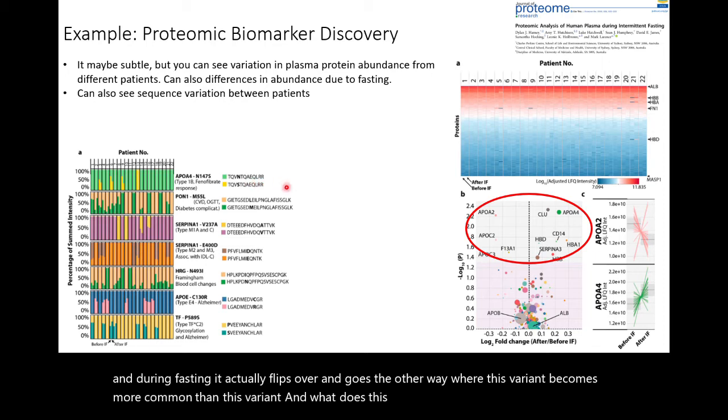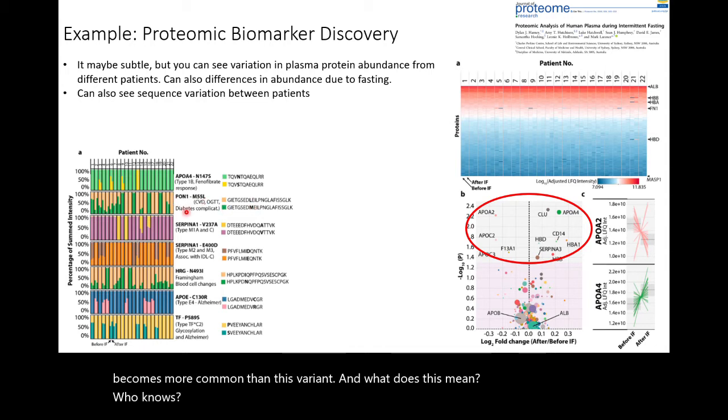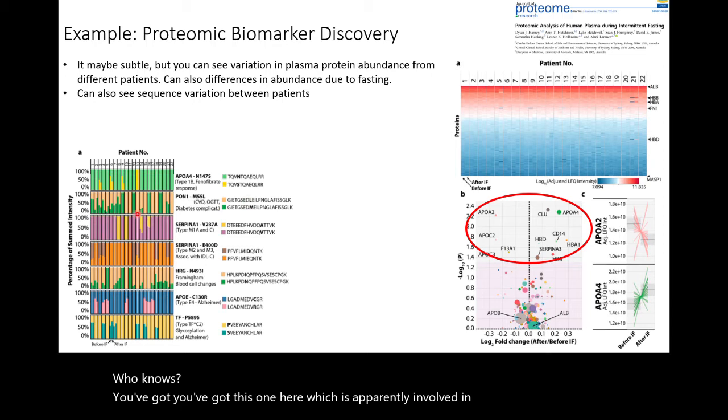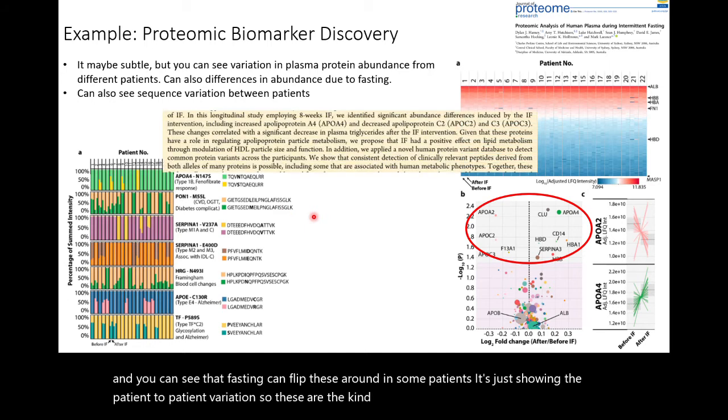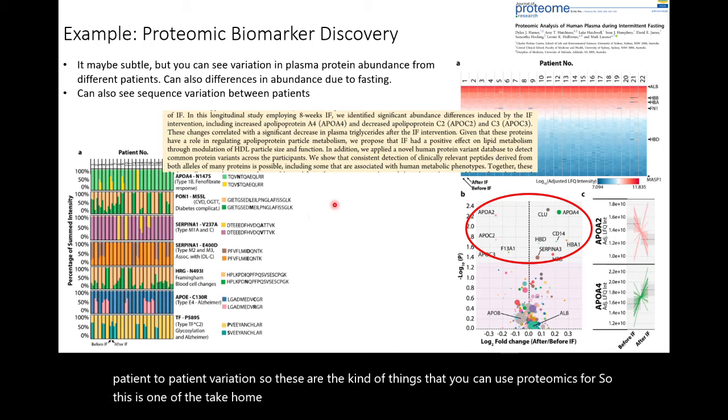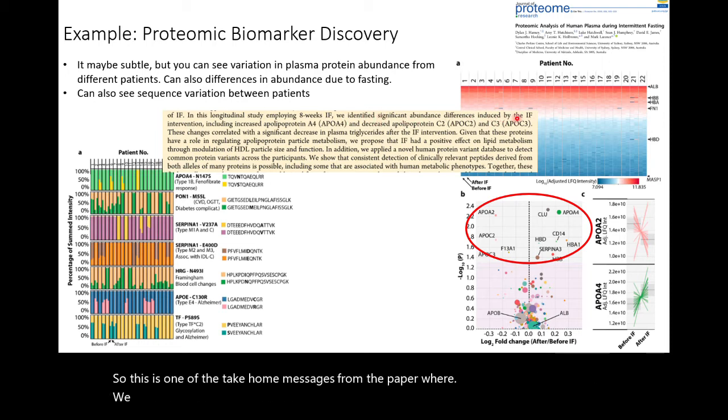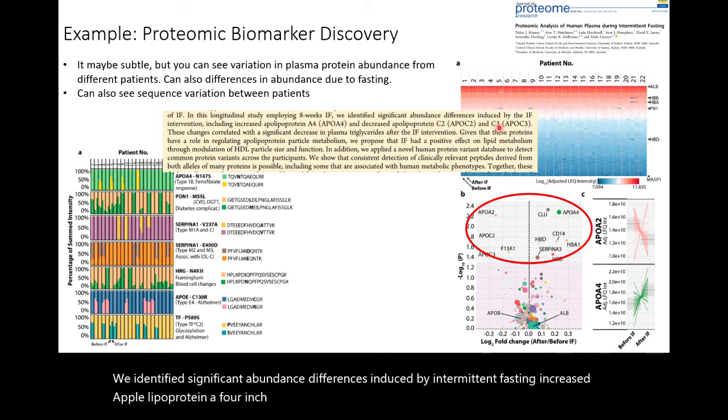And what does this mean? Who knows? You've got this one here, which is apparently involved in diabetes complications, and you can see that fasting can flip these around in some patients. It's just showing the patient-to-patient variation. So these are the kind of things that you can use proteomics for. This is one of the take-home messages from the paper, where we identified significant abundance differences induced by intermittent fasting: increased apolipoprotein A4, decreased C2 and C3.